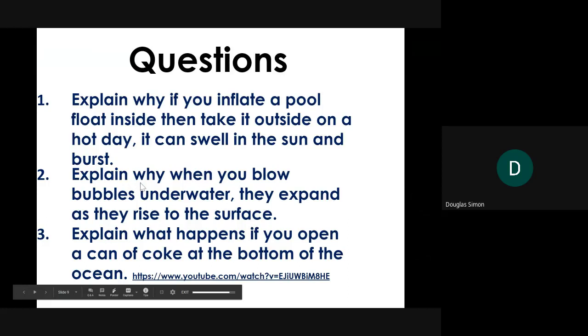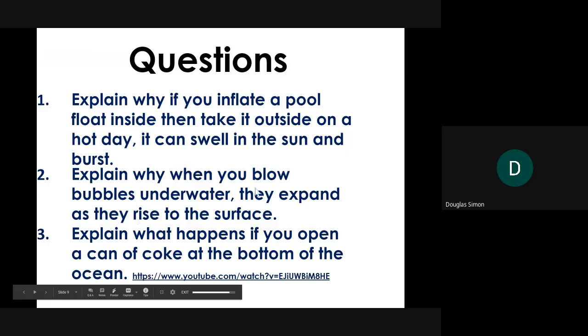Question 2, why when you blow bubbles underwater do they expand as they rise to the surface? As you blow a bubble, that's at a given pressure, the pressure from your lungs. The higher up you go in water, the lower the pressure, or the lower you go, the higher the pressure. The more water there is above you means there's a greater force in the same area, so a higher pressure.